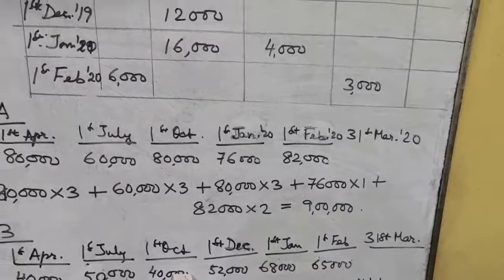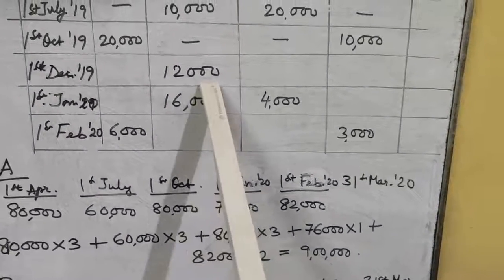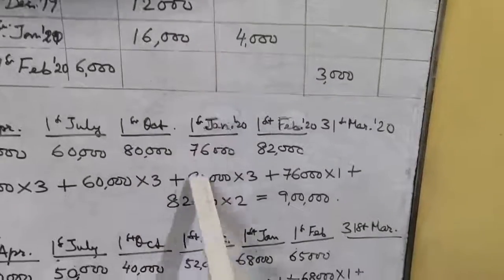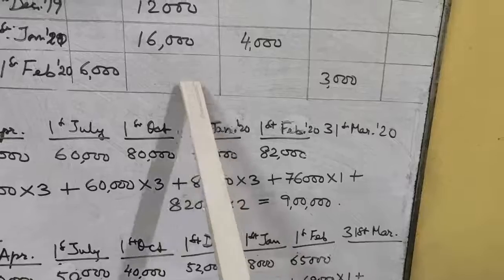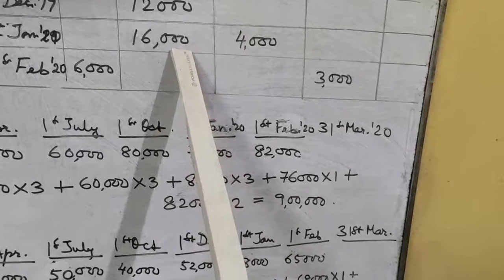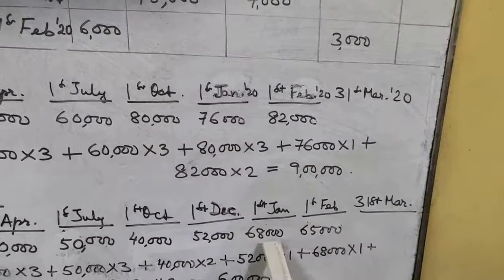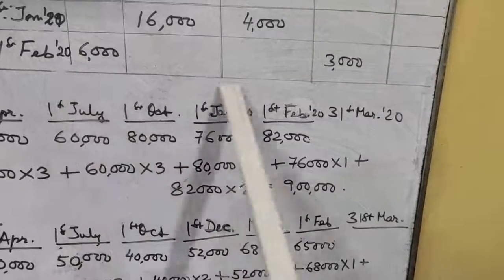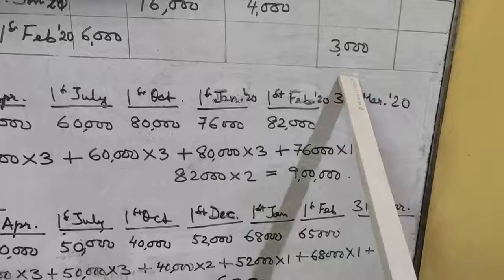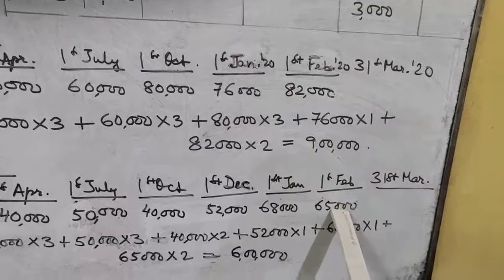On 1st December, he brings in 12,000, so his capital becomes 52,000. On 1st January, again he brings 16,000, so his capital becomes 68,000. And on 1st February, he takes out 3,000, so his capital becomes 65,000.